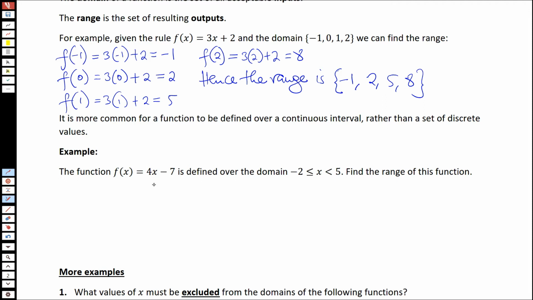So this straight line exists between negative 2 and 5. It's a continuous line. Find the range of this function. Since it's a linear function, we can use the endpoints to find the range.